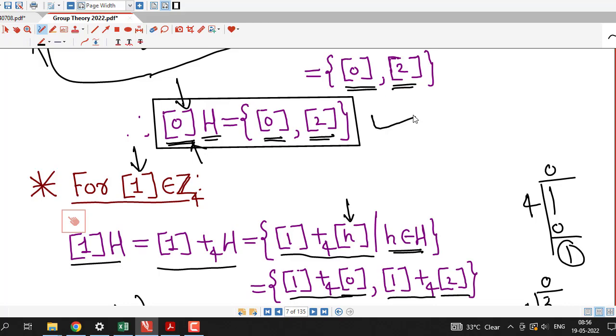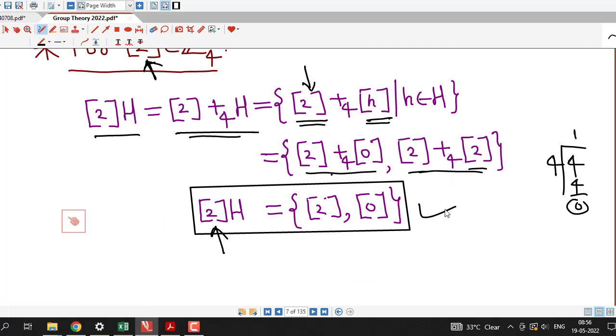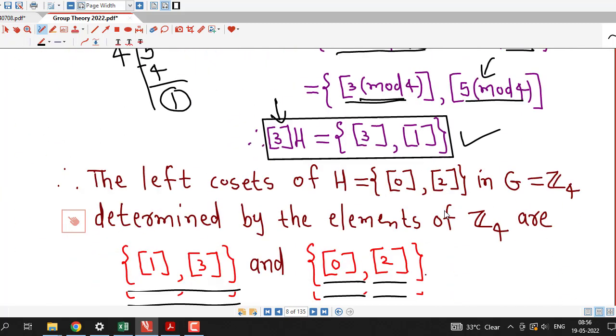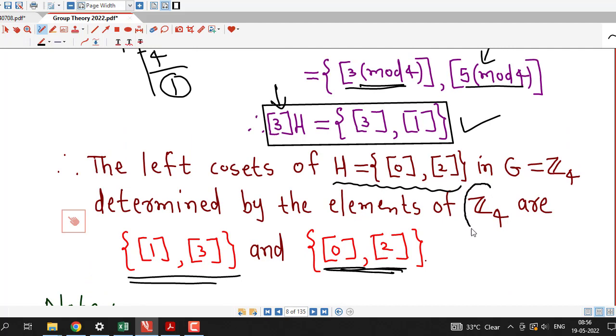So 0, 2, then 1, 3, then 0, 2, and again 1, 3. So these are the left cosets of the subgroup H determined by the elements of the given group, which is the addition modulo 4 group. In this way we can obtain the left cosets of a subgroup determined by the elements of a given group.